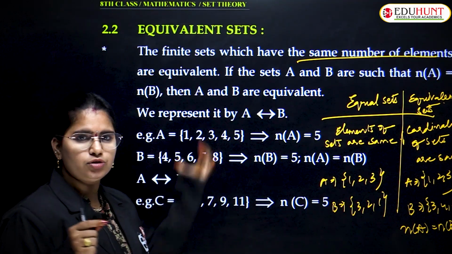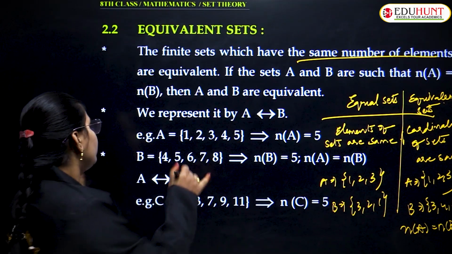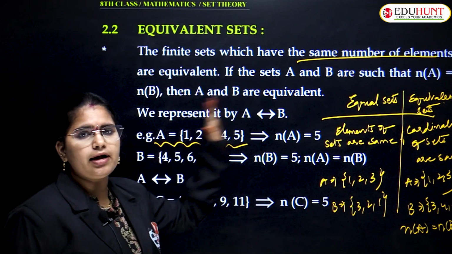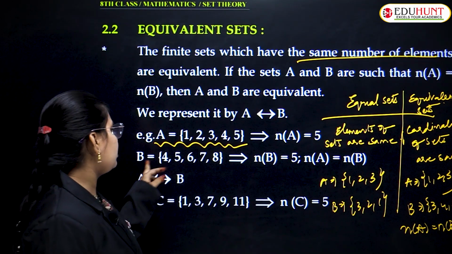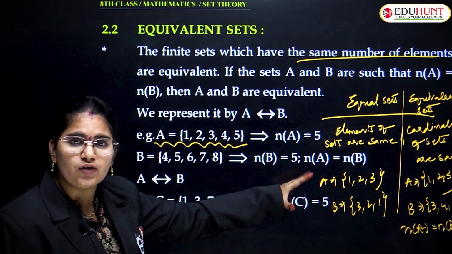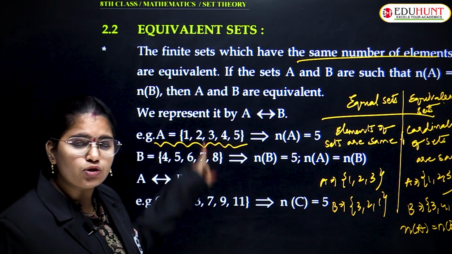I told you, if you want to write down notes, you can write them down. For example, A is equal to {1, 2, 3, 4, 5}. What is the cardinality of A? 5. And B is {4, 5, 6, 7, 8}. What is the cardinality of B? Again it is 5. But if you observe both, are the elements the same?